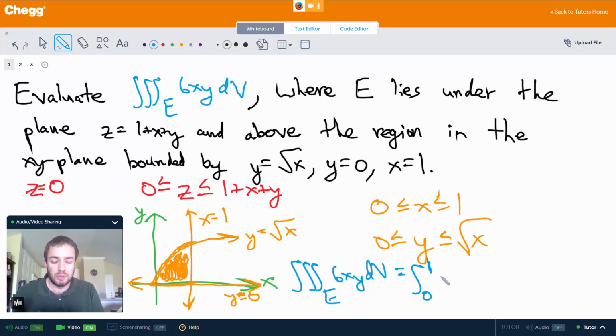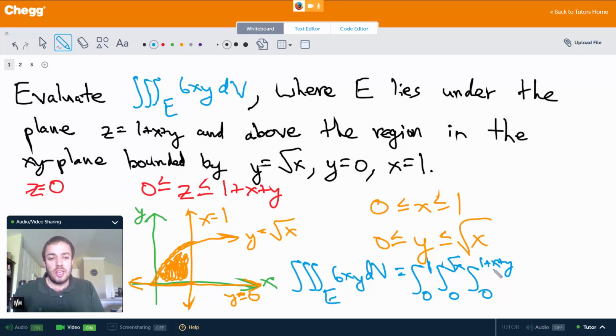So the integral from 0 to 1, and then what's next? Next is the integral for y, from 0 to root x, and then the integral for z, from 0 to 1 plus x plus y. Why do we have to do it in that order?